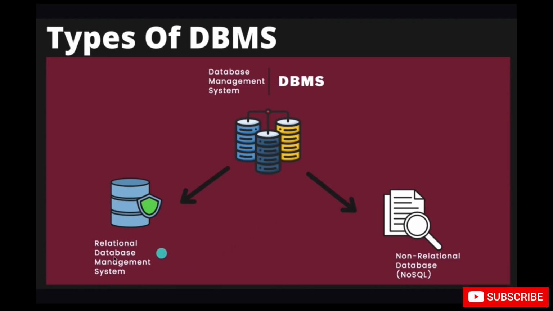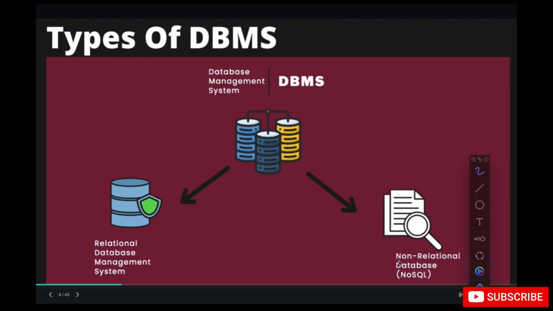In a relational database management system, we have tables and then we have relationships that exist among the tables. We are going to see that in the upcoming lectures, right? In the non-relational database system, we don't have relationships between those databases, as the name suggests. It's non-relational.